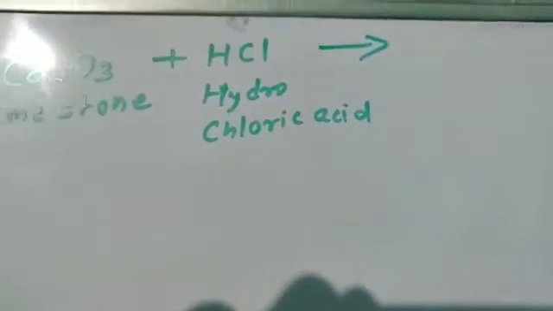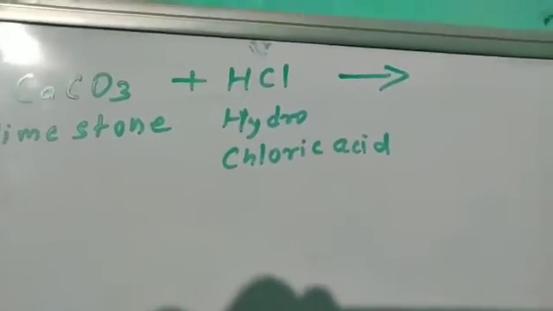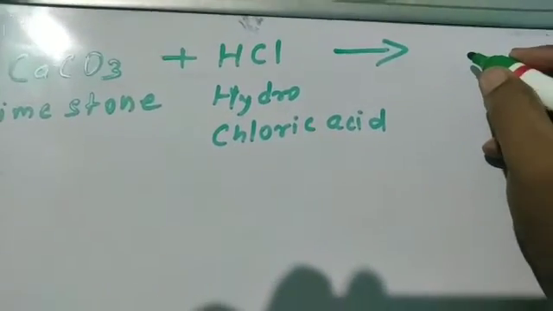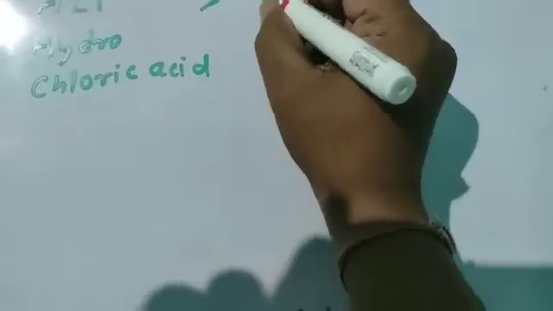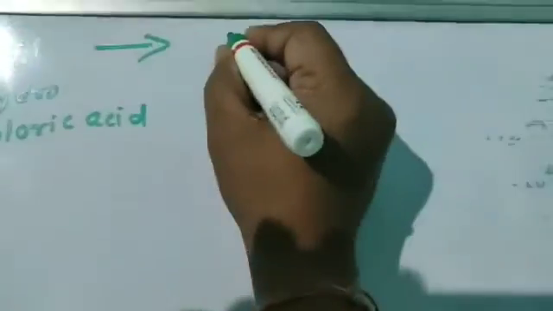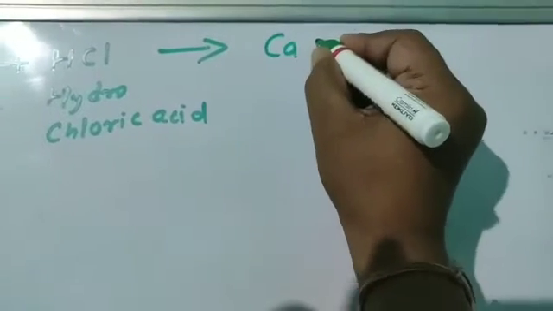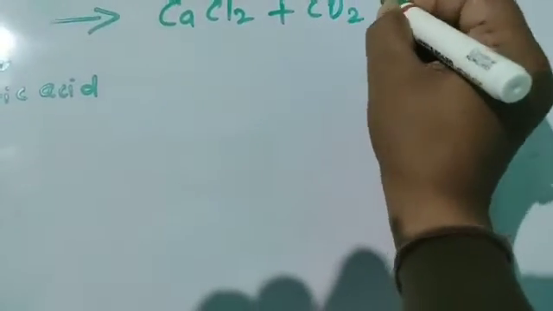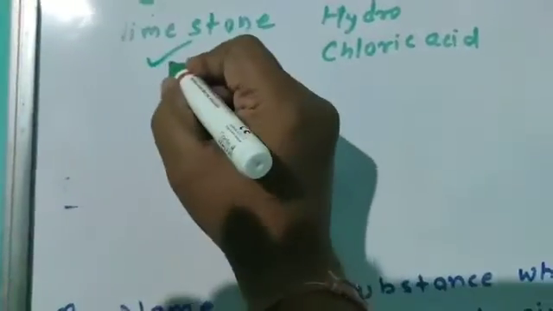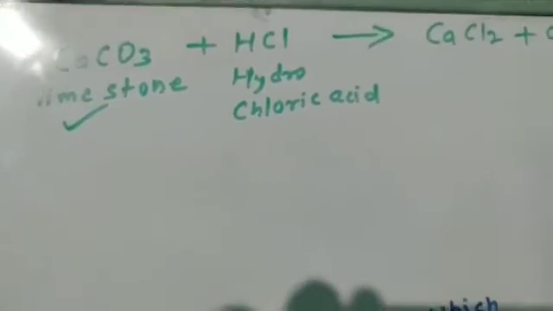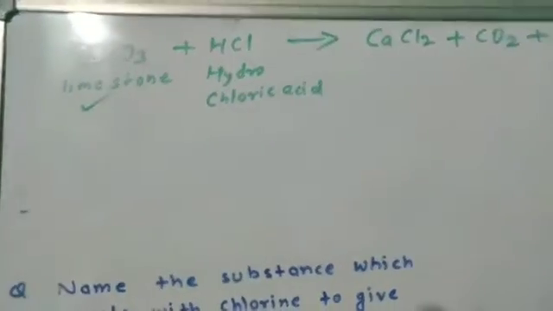When any carbonate is treated with acid, it forms carbon dioxide along with a metal compound. So here calcium chloride will form, along with carbon dioxide gas and water. All these are the same: limestone, marble or calcium carbonate.